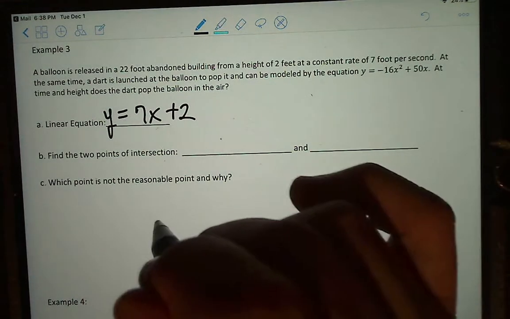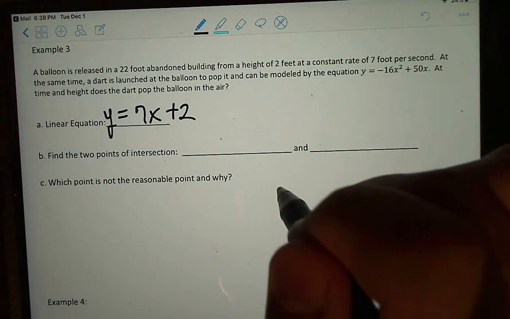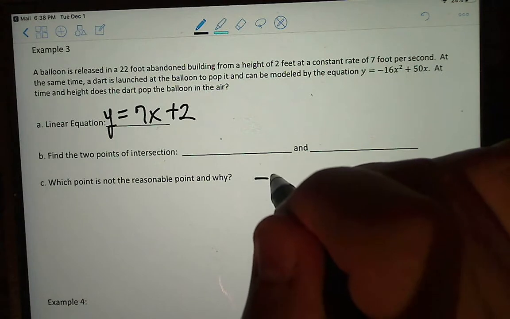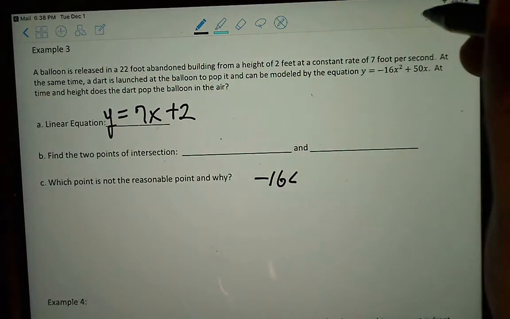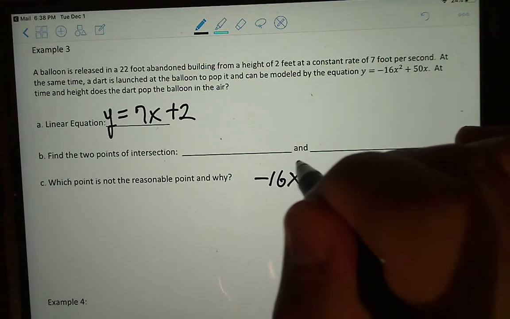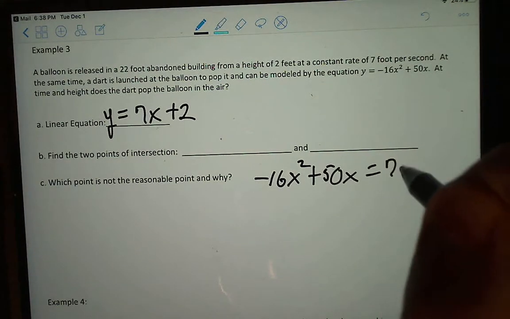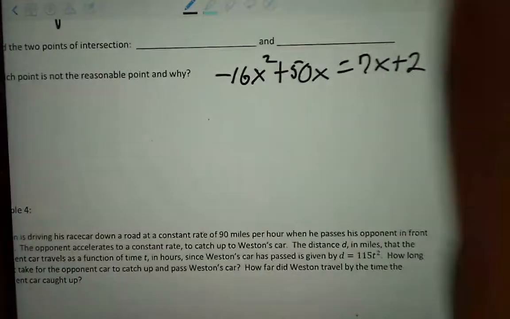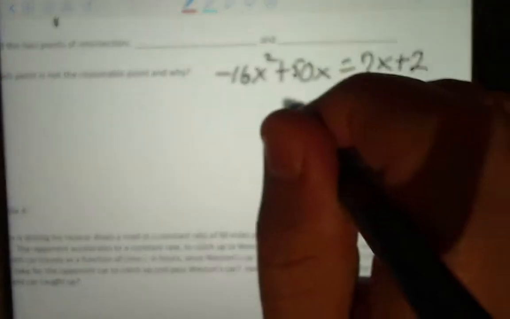So I'm going to do the work. And I realize I probably should have done this a little differently, but that's okay. I'm going to do the work right here because why not? And here I have x. I'm going to change this to x real fast. Then I'm going to set it up like I did a minute ago, where I'm going to solve everything. I'm going to move my 7x this way.